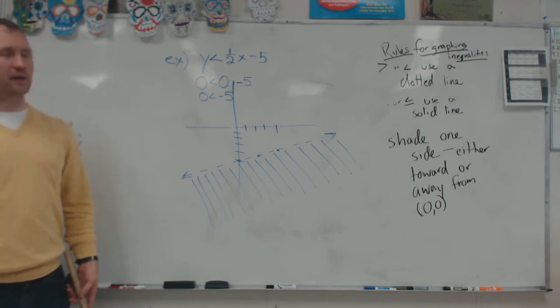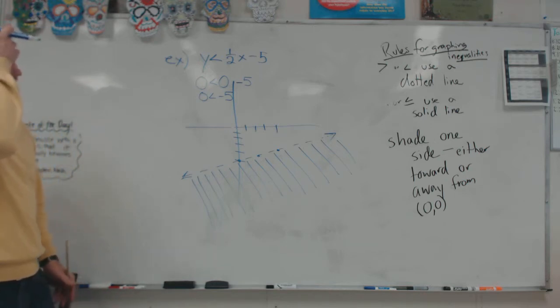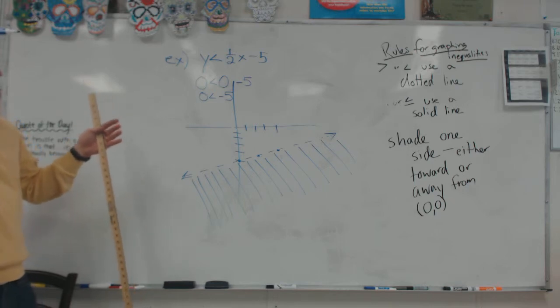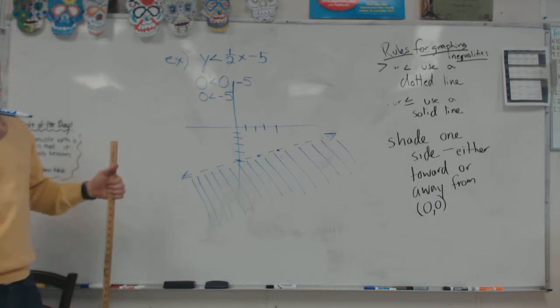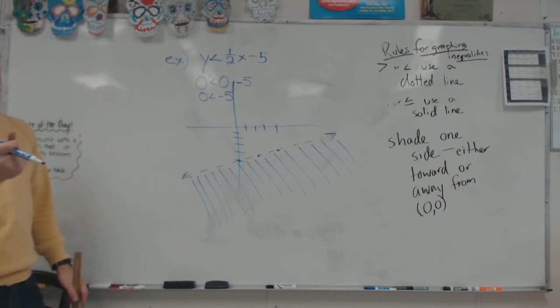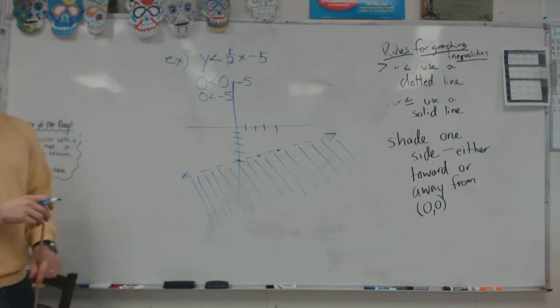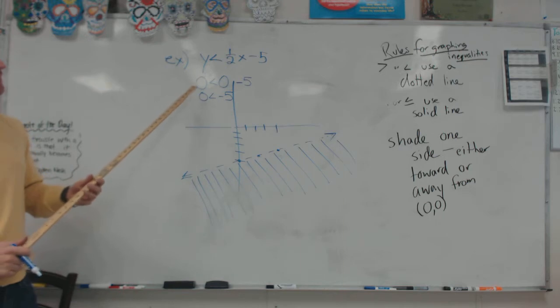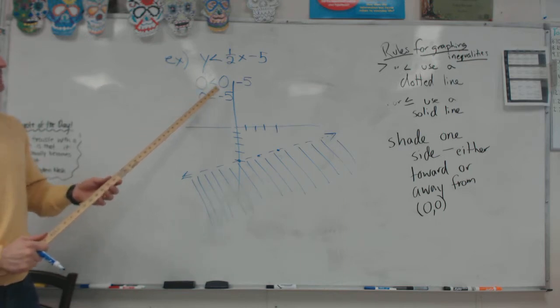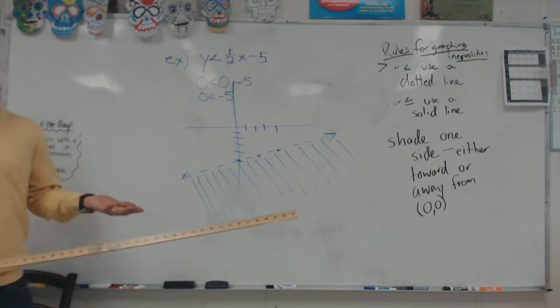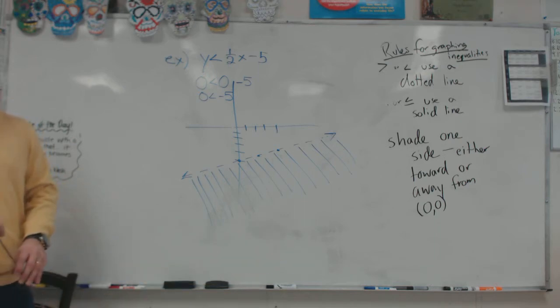It'd be like, okay, let's see, 100, negative 1,000. So is negative 1,000 less than 500 minus 5? I'm not totally sure. But 0 is definitely not less than negative 5. That's fairly easy to see.